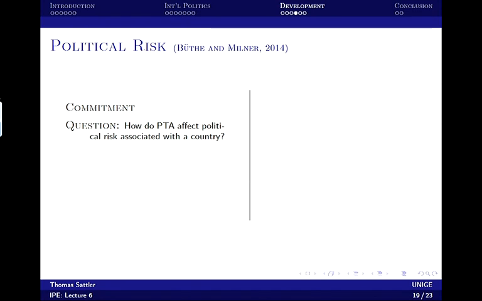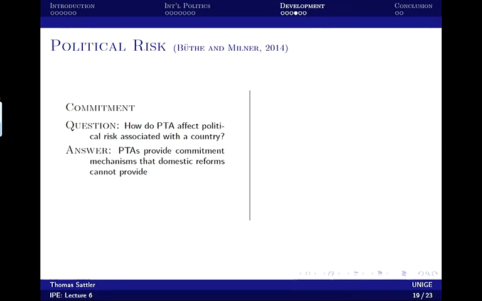So if you want to examine whether PTAs actually are good for you, how would you do that? Which dependent variable would you pick? So you want to test whether preferential trade agreements reduce political risk, reduce the risk of expropriation, because it provides a commitment mechanism if you reform.